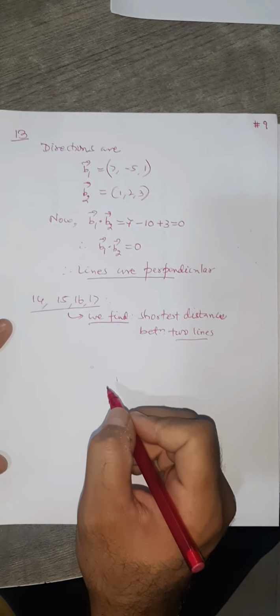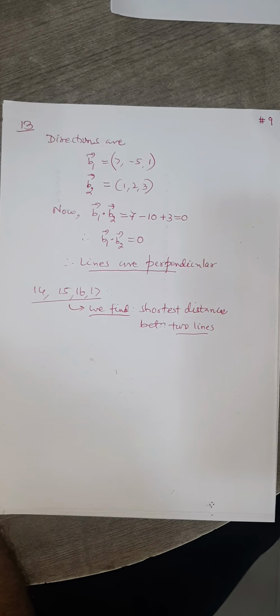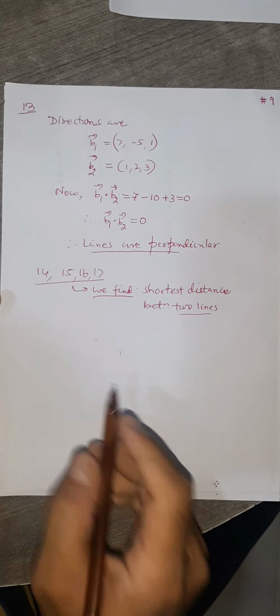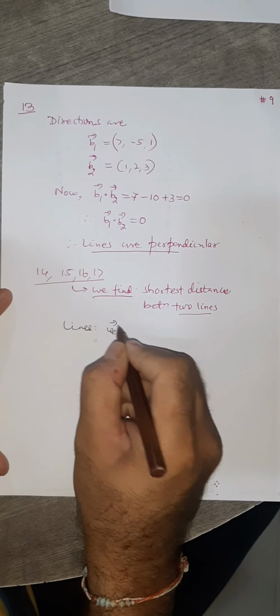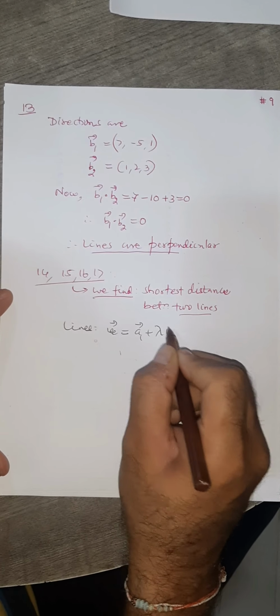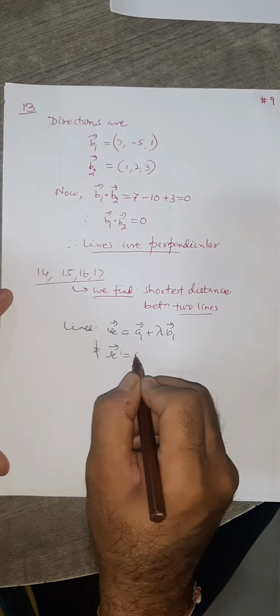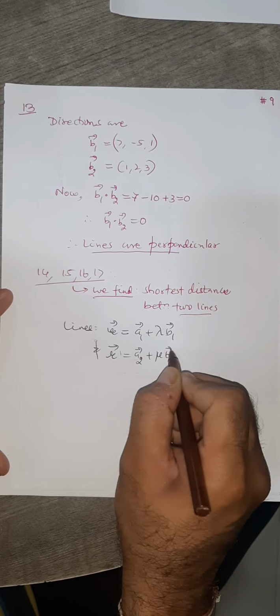So you just need to recall the formula for the shortest distance. If you remember, I'll just write it here for your information. The lines are, for example: vector r equals fixed vector a1 plus lambda vector b1, where b1 represents the direction, and vector r equals fixed vector a2 plus mu vector b2.